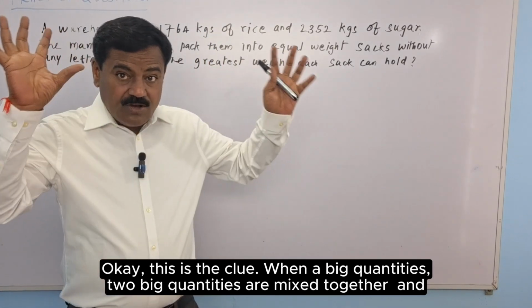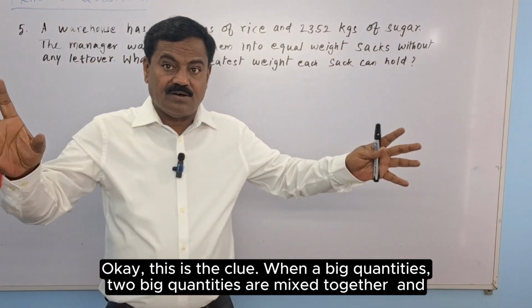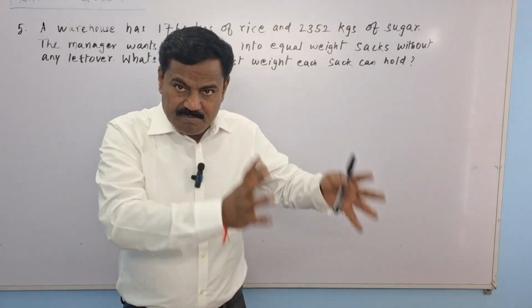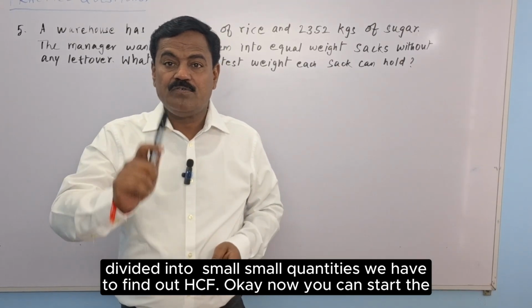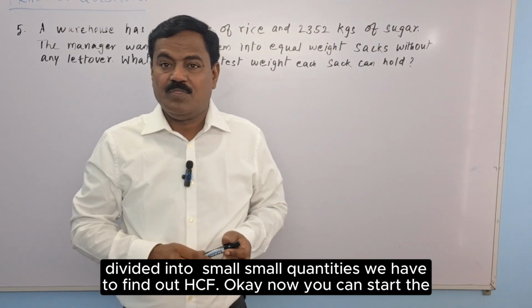When two big quantities are mixed together and divided into small quantities, you have to find out the HCF.